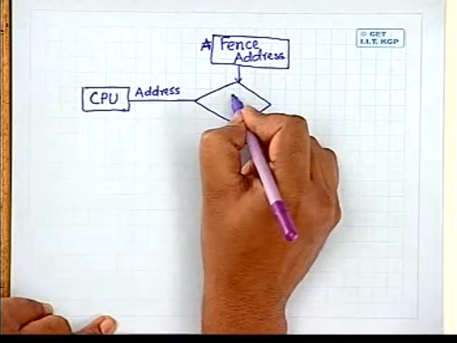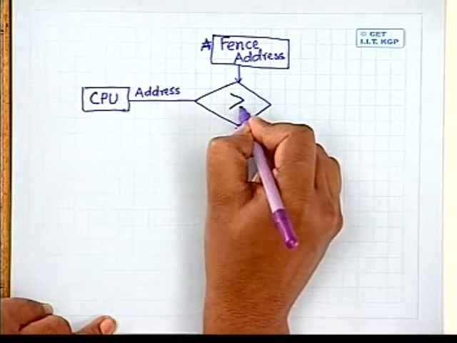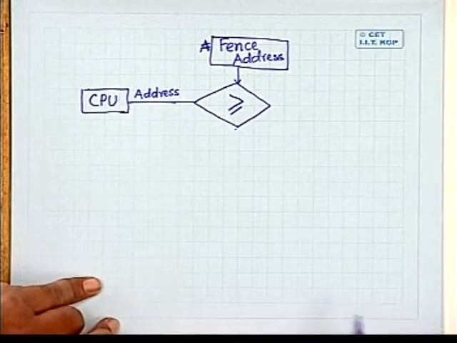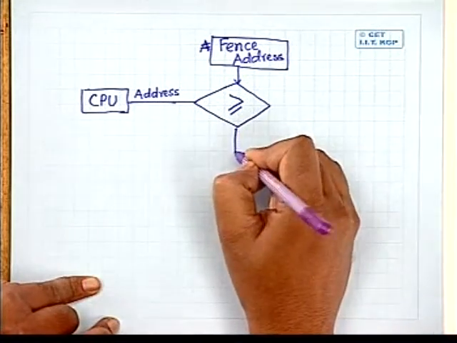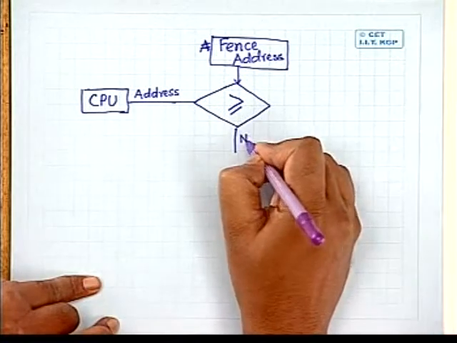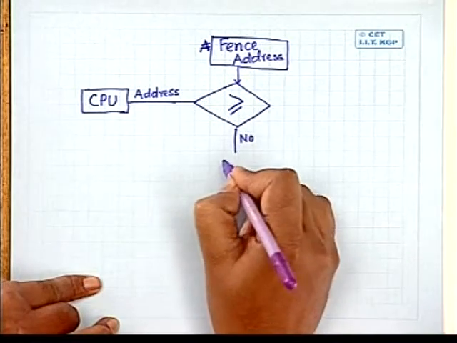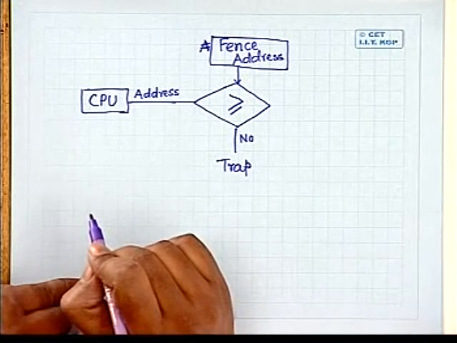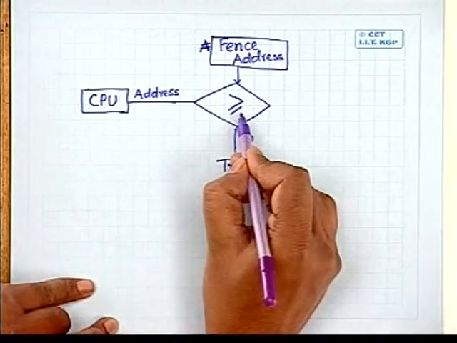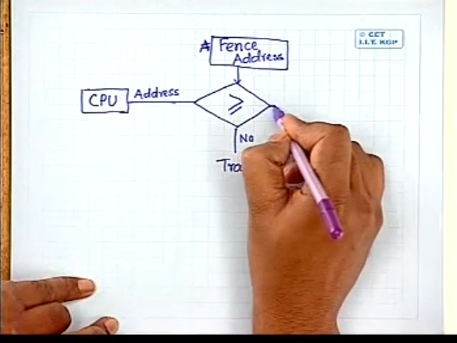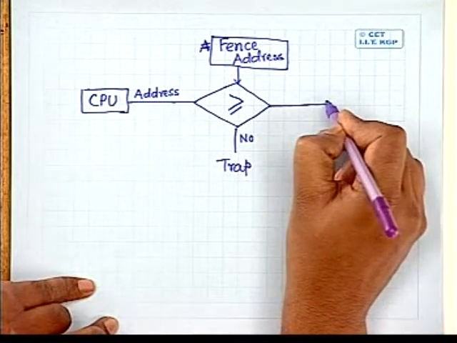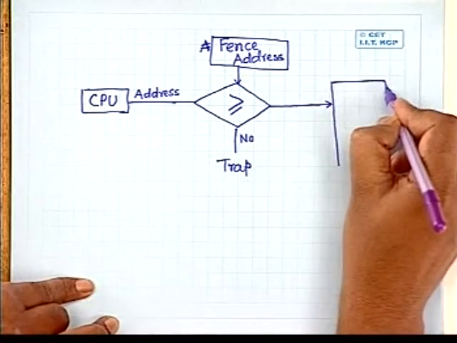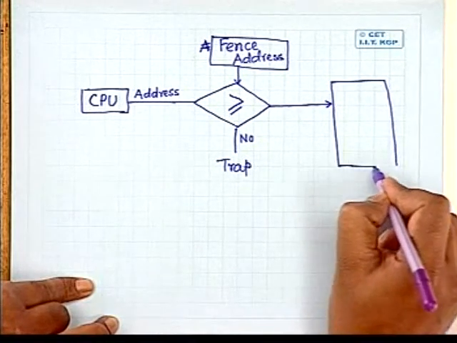This comparator will check whether the address generated by the CPU is greater than the fence address or not. If it is not greater than or equal to the fence address, there will be an interrupt and the user program will be terminated. If this condition is true, that is, the address is greater than or equal to the fence address, then only the addressing is valid and the user program will be allowed to access the memory.